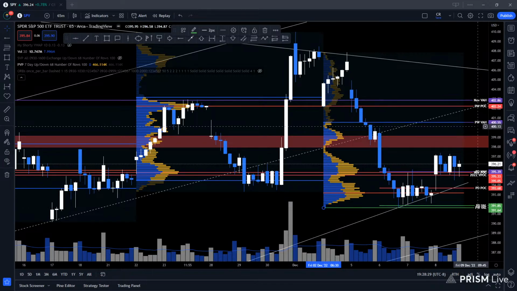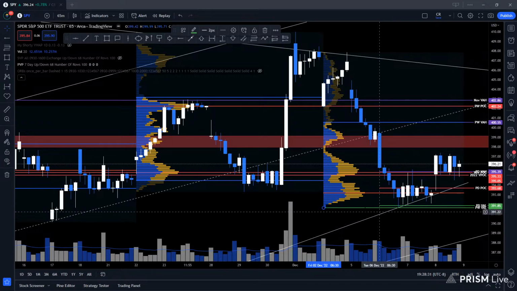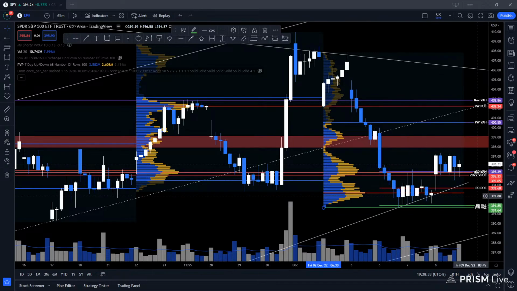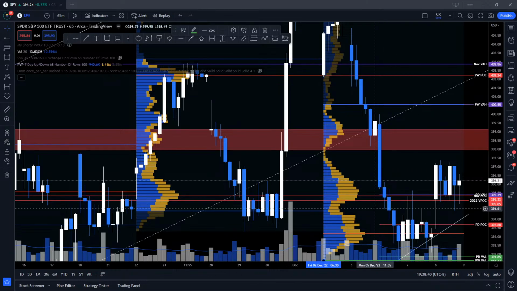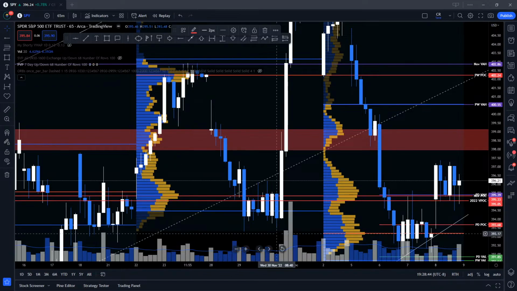So here, I have my previous week value area high, previous week value area low, and then my previous week POC. It's down here.